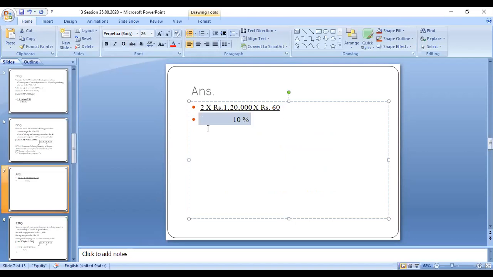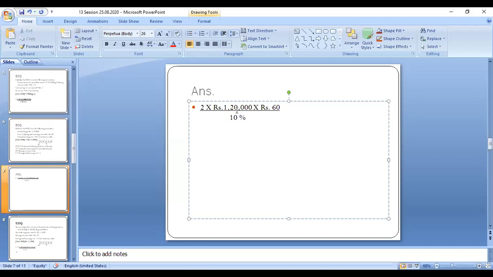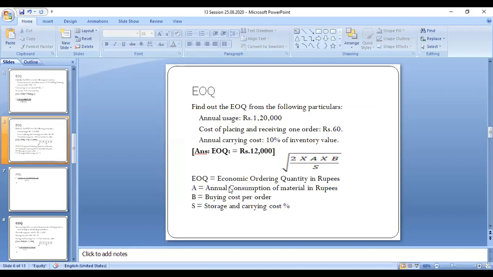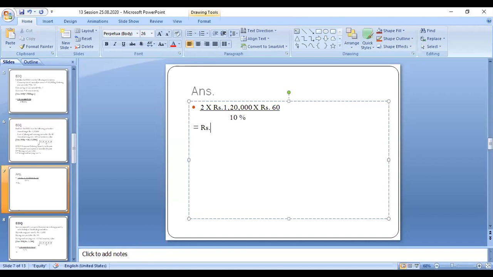So you can take the calculator and multiply 2 into 1,20,000 into 60 divided by 10%. Then at last, if you take the root, that value will be 12,000. So the answer is rupees 12,000.